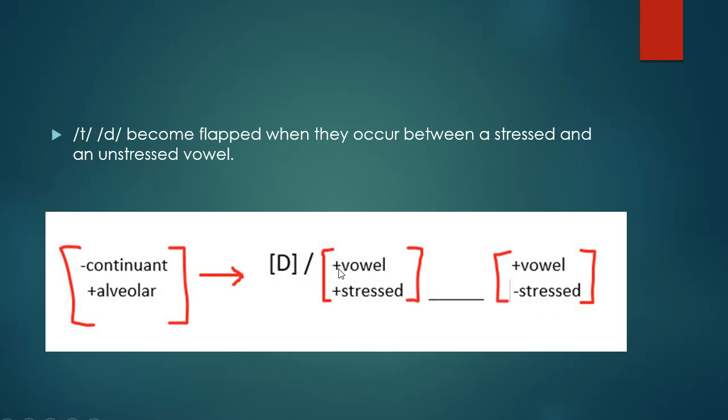Remember, plus vowel means that this sound is a vowel, and plus stressed means that this vowel is stressed in that position. On the contrary, this one is also a vowel, but it is not stressed, so that means it is minus stressed. So this rule is represented using these different symbols.